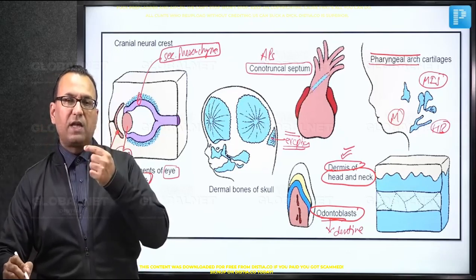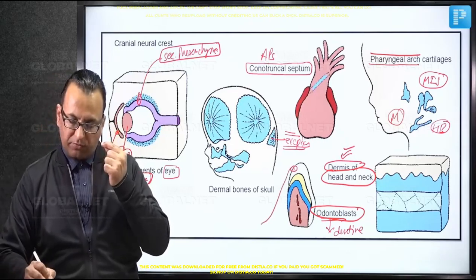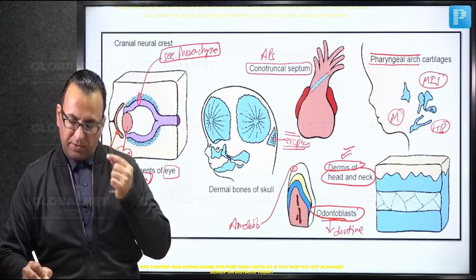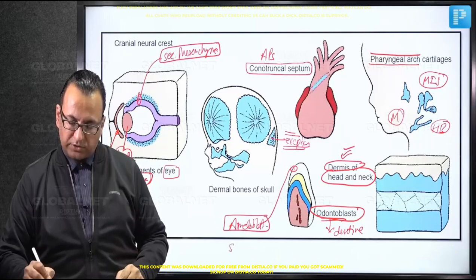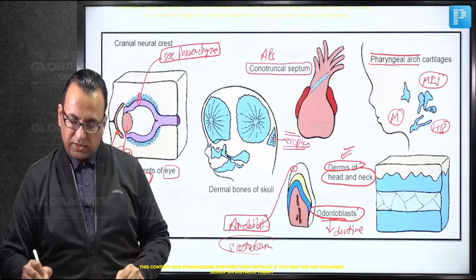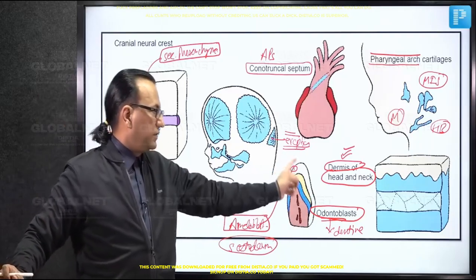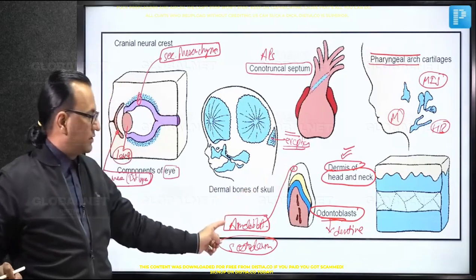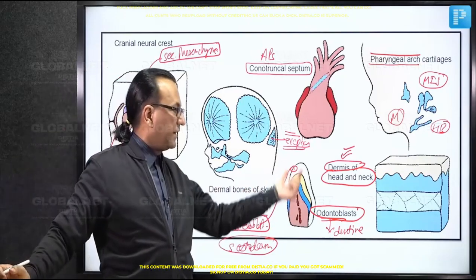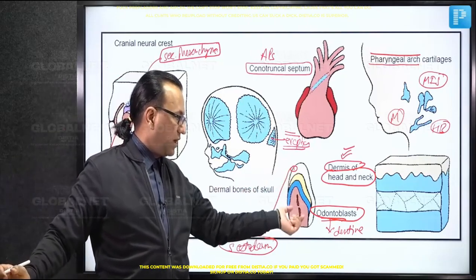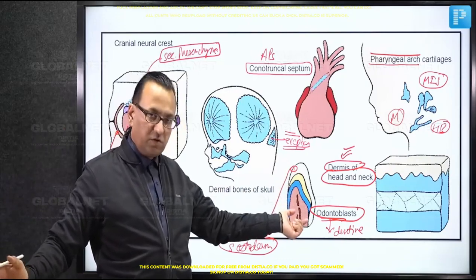If you are looking at the enamel, then the enamel is coming from ameloblasts, and ameloblasts themselves are from the surface ectoderm. So in the teeth, on the surface, you have surface ectoderm forming the enamel by the formation of ameloblasts. But the teeth proper, the dentine of the teeth, the odontoblasts are from the neural crest cells.